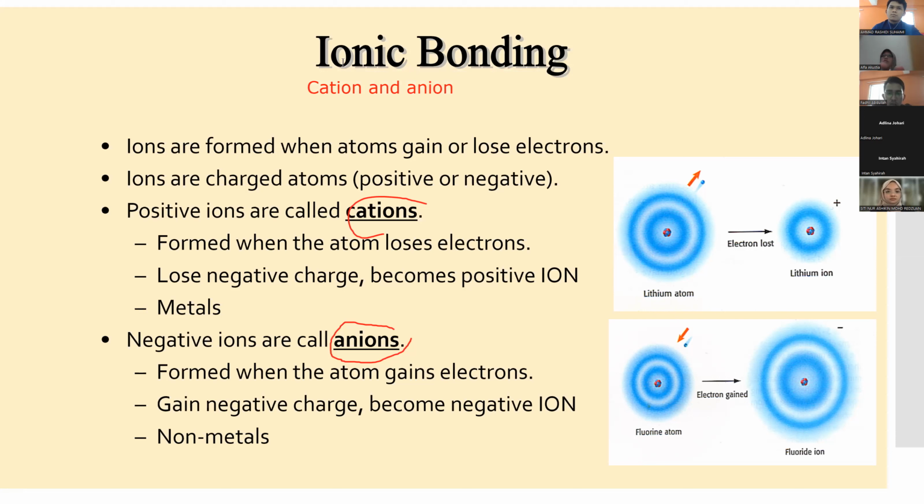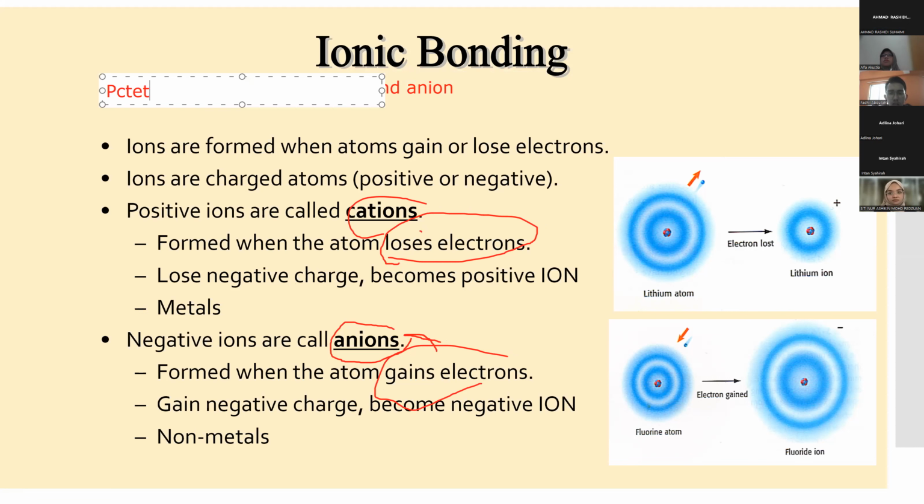When the elements lose electrons, they become cations. When they gain electrons, they become anions. Why does the atom have to become a cation? Why does the atom have to become an anion? Let's see the octet rule.